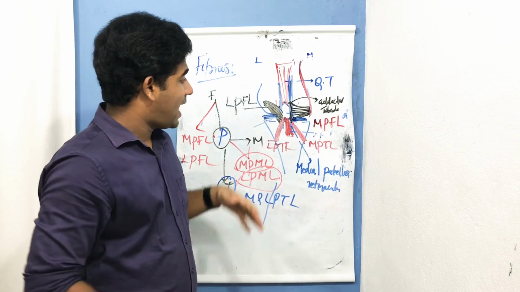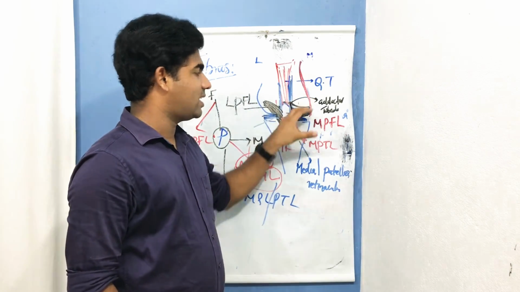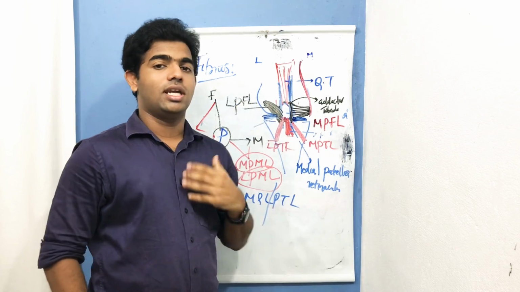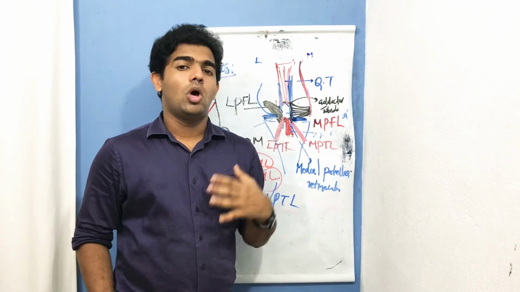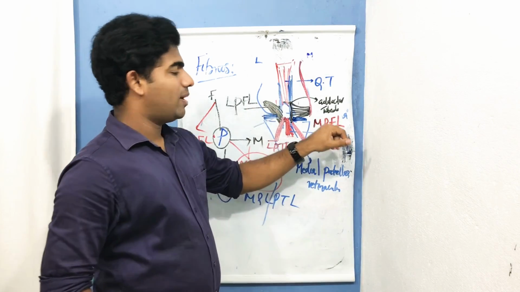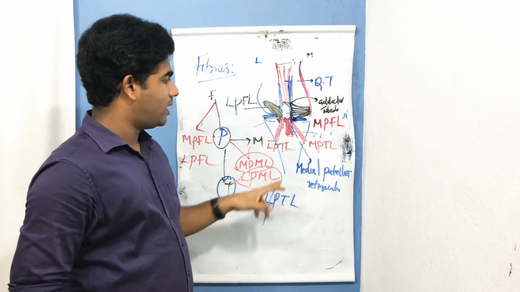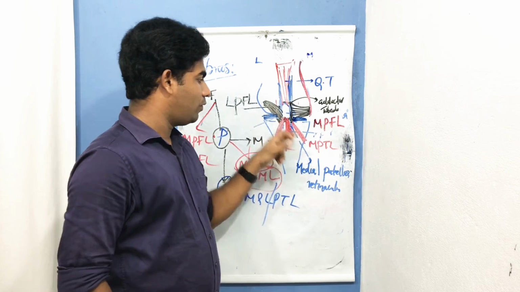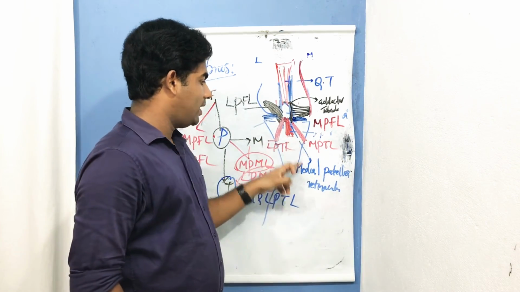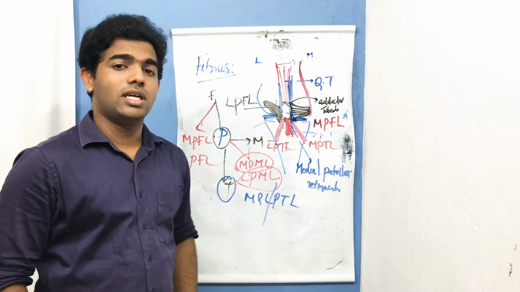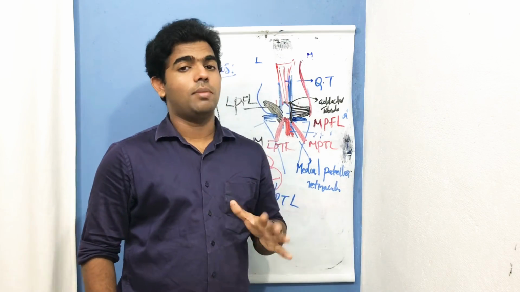So these are the capsular ligament complex, or capsular ligament modifications, seen on the fibrous layer of the capsule related to the patella. That is the medial patellofemoral ligament, lateral patellofemoral ligament, medial patellotibial ligament, lateral patellotibial ligament, and the medial and lateral patellomeniscal ligament. Right? Don't forget about the extensor retinaculum and this one.